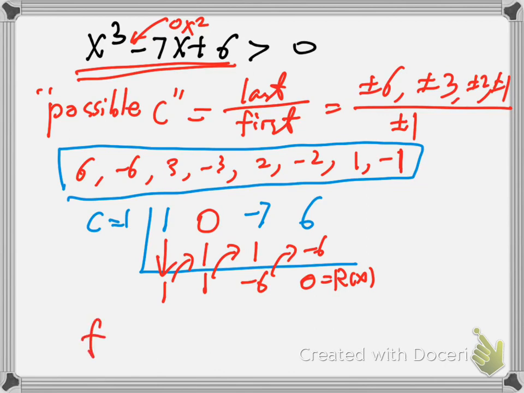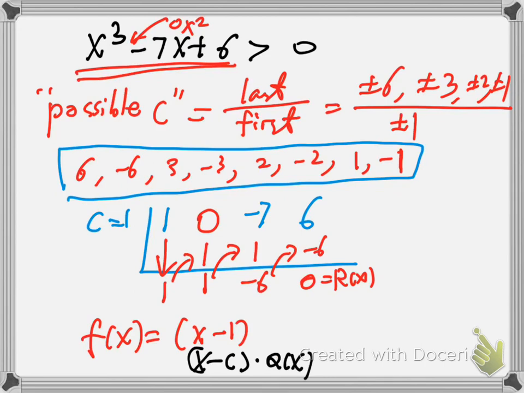Okay, so f of x is x minus c, so x minus 1. So here is x minus c. And then times q of x, so times x squared plus x minus 6. This is q of x, right? And then you use whatever method to factor q.